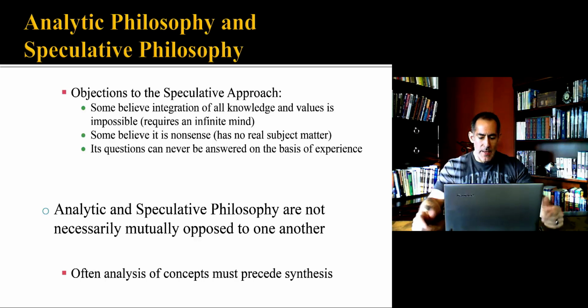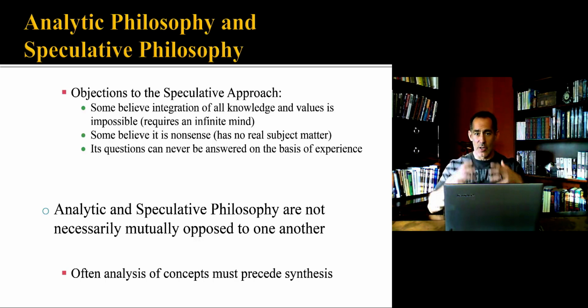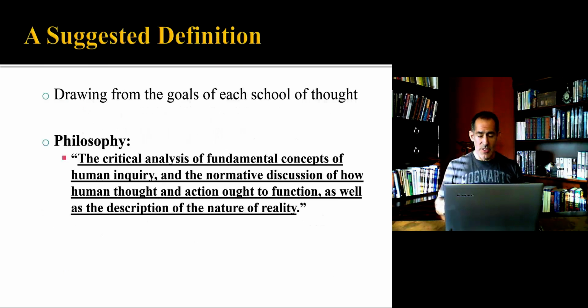And so on. Now, the interesting thing is the analytic and speculative approach are not necessarily mutually exclusive. The speculative philosopher often has to do a lot of the analytic stuff as well, defining terms, understanding concepts, and putting those things together. And what I want to do is just give you a rough suggested definition for philosophy dealing with elements of both of those approaches.